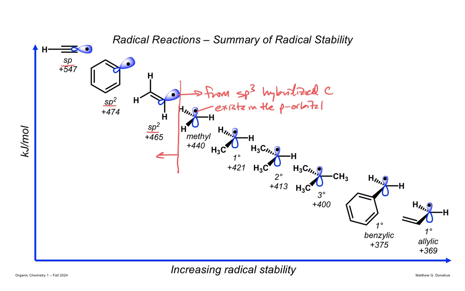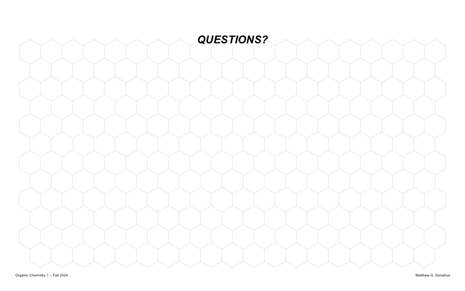So as you look at a molecule, you're looking to classify the types, and the less energy you put in to get to one of those types, that is telling you that's preferentially going to be substituted. Any questions?